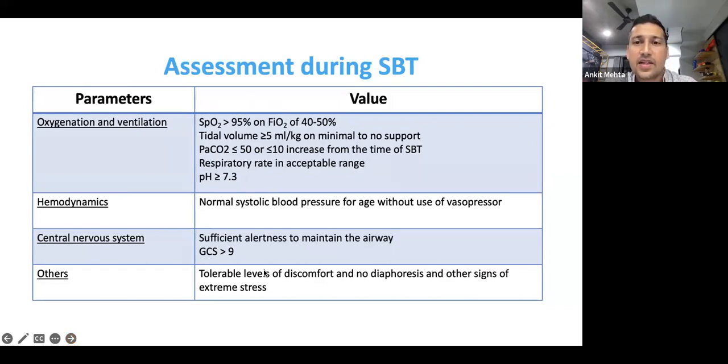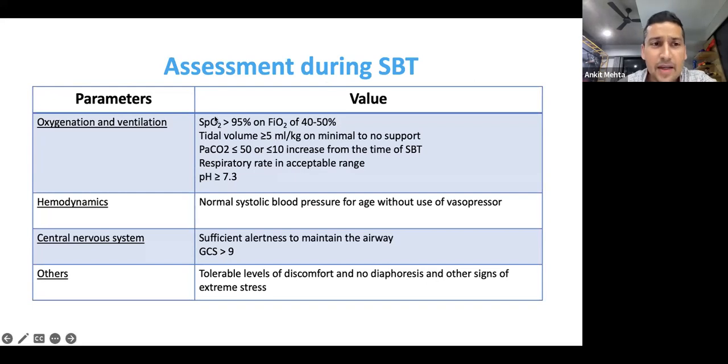If there are any hiccups, they should let you know immediately, because we don't want the patient to go back on the mechanical ventilator, develop some collapse, or even self-extubate because your sedation has come down. They can have an increased risk of reintubation, and the more the chances of reintubation, the more the chance of morbidity and mortality in your patient.